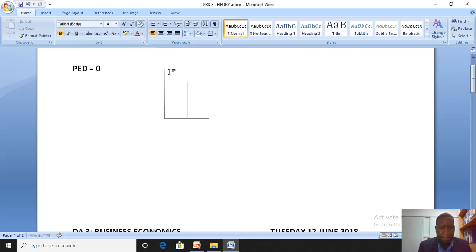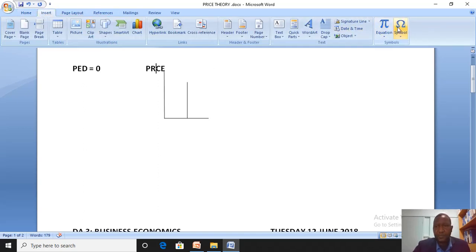We have our price, and then on the x-axis of your graph you have the quantity Q. So the demand curve will be a vertical line, meaning that regardless of the changes in the price, the quantity demanded remains the same.